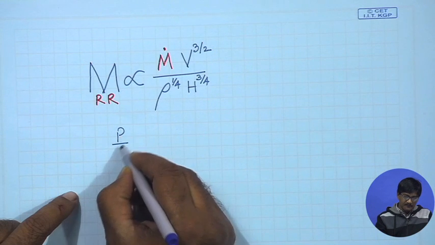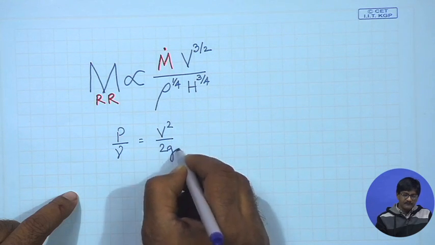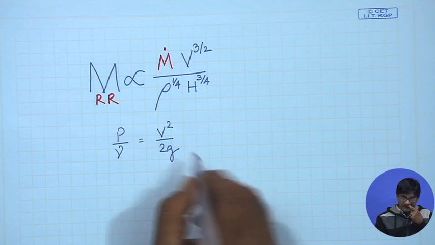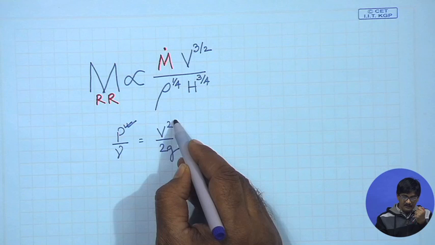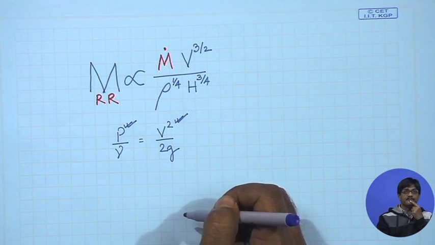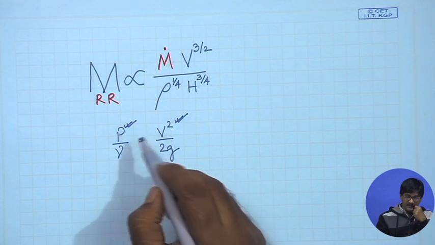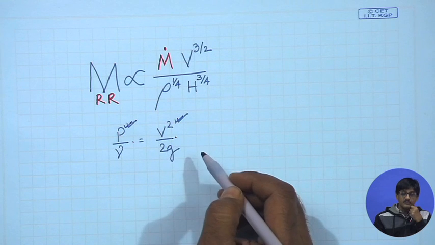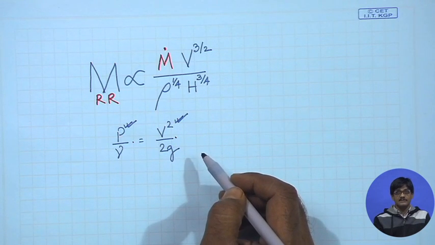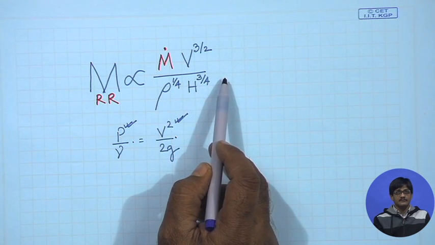So, if pressure head is getting converted to velocity head, we can easily write here P by gamma is equal to V square by 2 g. What does this mean? It means increasing the pressure is the same as increasing the square of the velocity. So, if we are increasing pressure, the square of the velocity is increasing. That means quite a lot of effect is taking place. Now, let us look at this expression in terms of pressure.